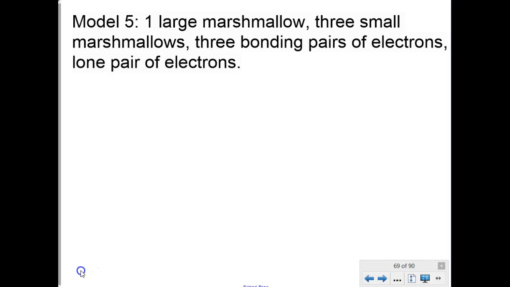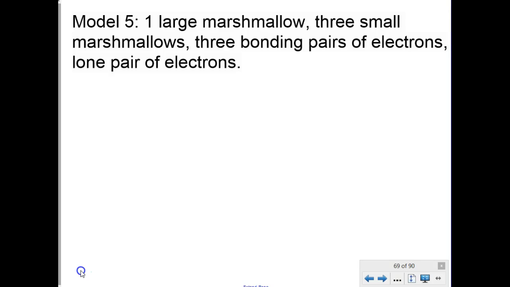This is a lone pair of electrons. This lone pair of electrons is not connected to another marshmallow. This means this lone pair is not being shared. This lone pair has only one job, and that's to repel other bonding pairs of electrons.